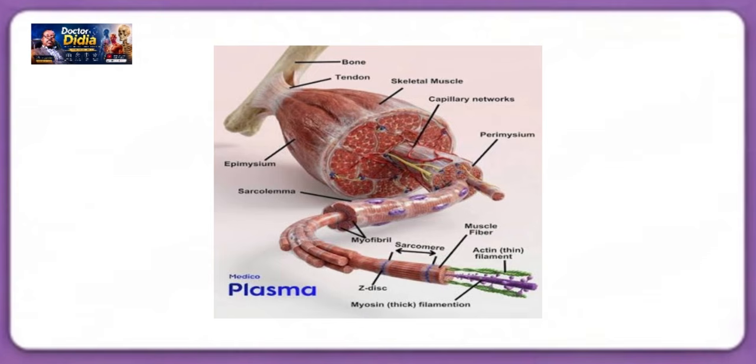Skeletal muscles. Under the light microscope, their fibers are long and cylindrical without branching. Each fiber is a syncytium, that is to say that they are multinucleated and formed by the fusion of many individual cells. Their nuclei are elongated and lie along the periphery of the fiber, just under the sarcolemma.